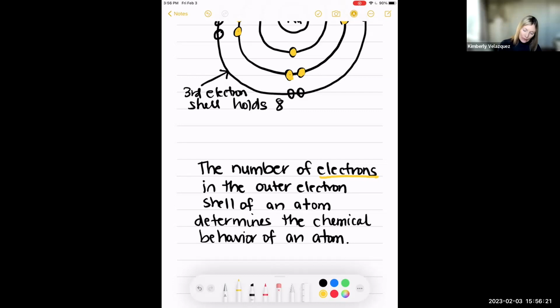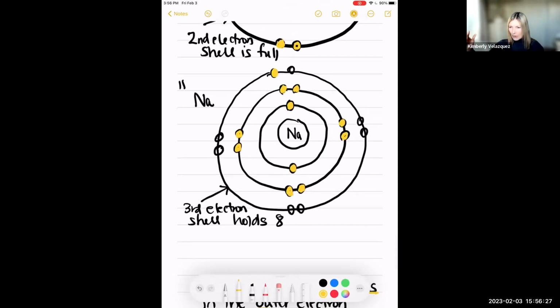When we say the outer electron shell of an atom, what do we mean by that? We mean whatever the outermost shell is that contains electrons. So for sodium, the outer electron shell is this third shell. That is the outermost shell that has electrons.